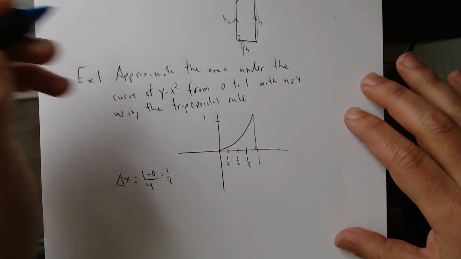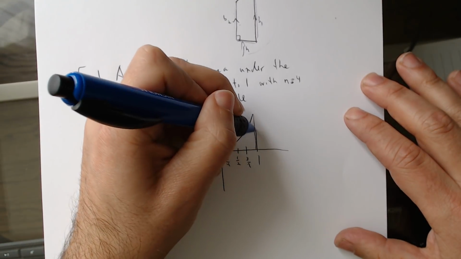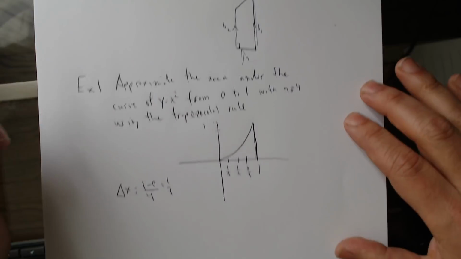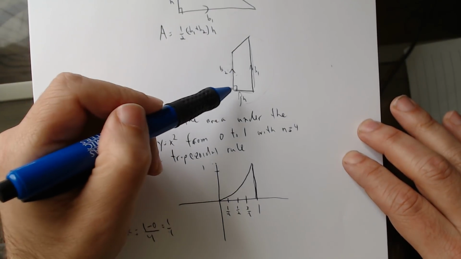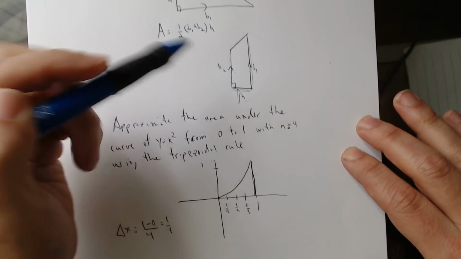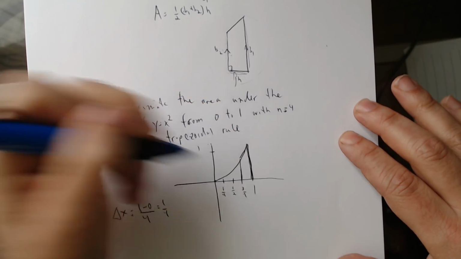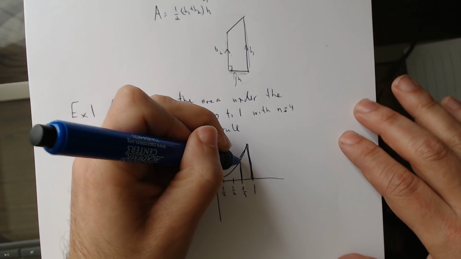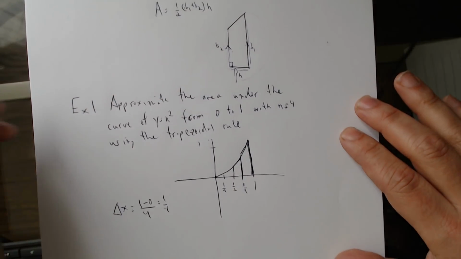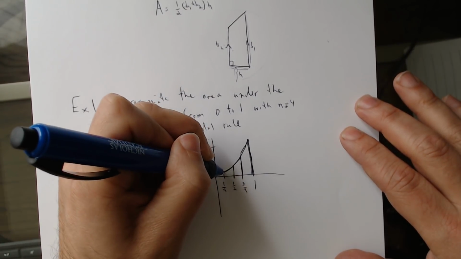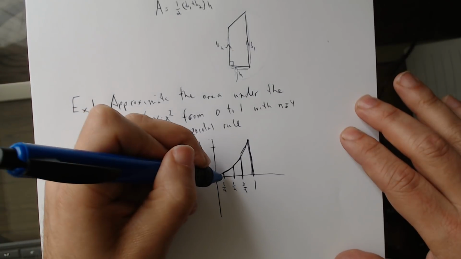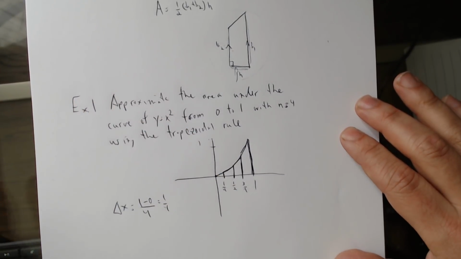And so what we're doing is we insert trapezoids, and they're going to look like this guy. They're going to be standing up, and the height's going to be on the base. So we get the first trapezoid, then the second trapezoid, then the third trapezoid, and finally the fourth trapezoid.